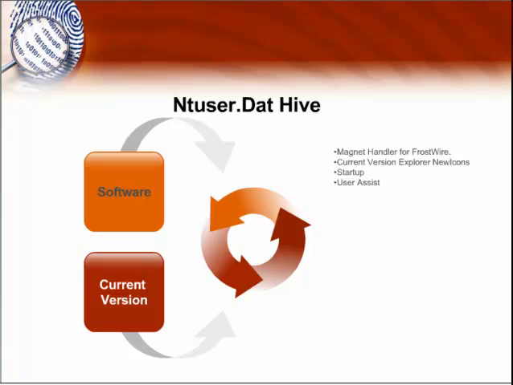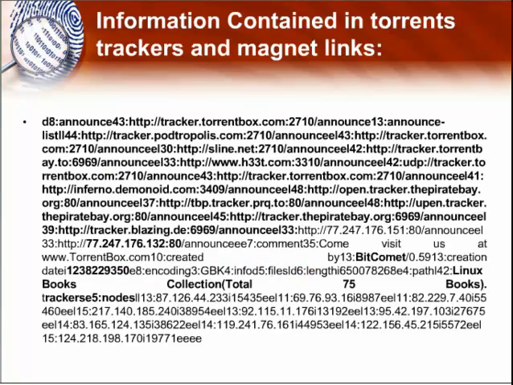With the NTUSER.dat hive, the magnet handler for all the torrent trackers downloaded can be found here. So you can identify who the actual user was that downloaded a said item at any given time. This is how a torrent tracker or magnet link looks at the moment.